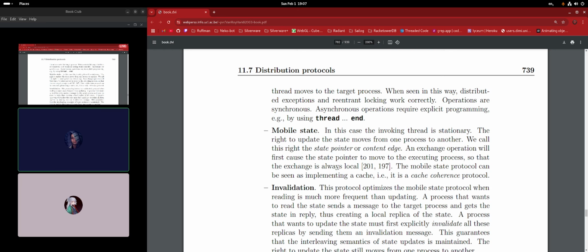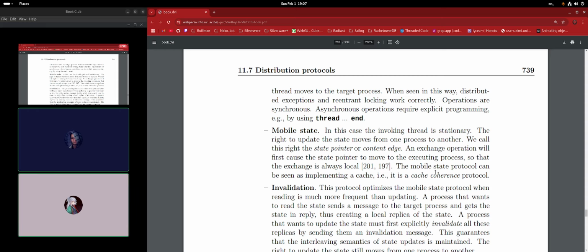An exchange operation will first cause the state pointer to move to the executing process so that the exchange is always local. Well, always perceived as local, because there will be a side effect that people will be able to detect. The difference is who is doing the change. If you're doing it yourself, then we're calling that local, but there are some side effect consequences.